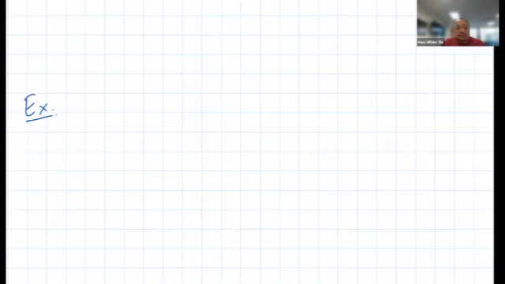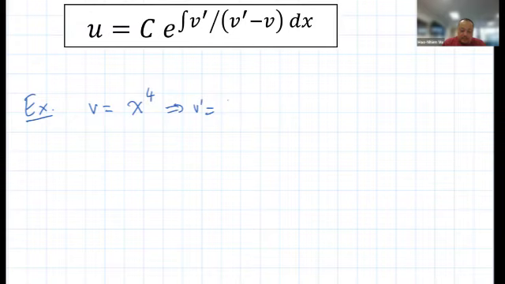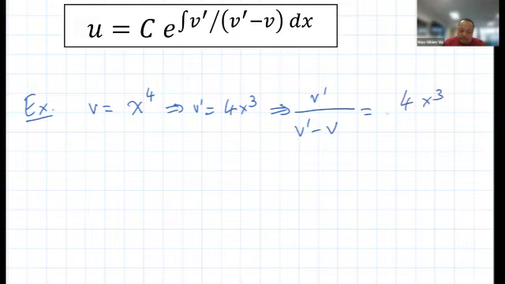Another example, let's say that I want v to be a power of x. Let's say x to the 4th. Then v prime is 4x cubed. And v prime over v prime minus v is equal to 4x cubed divided by 4x cubed minus x to the 4th.